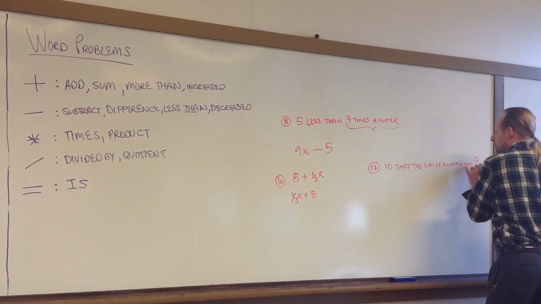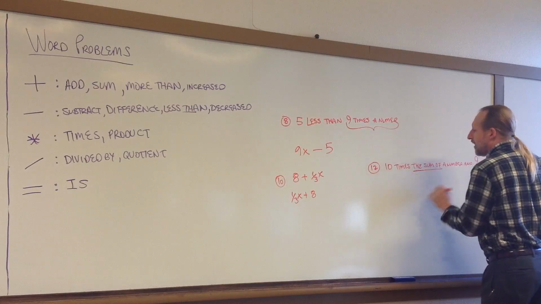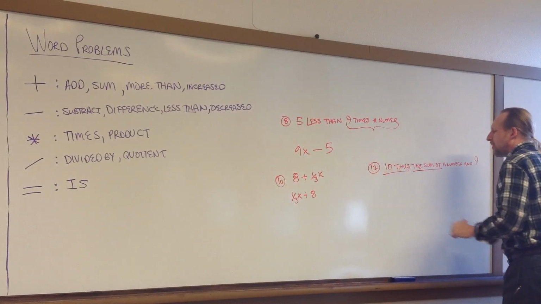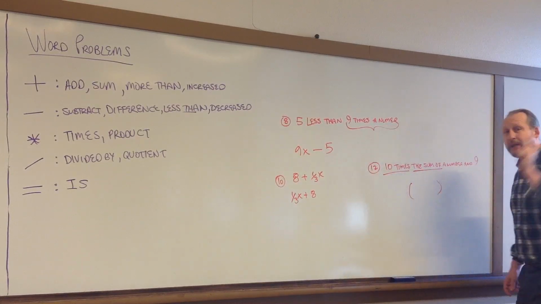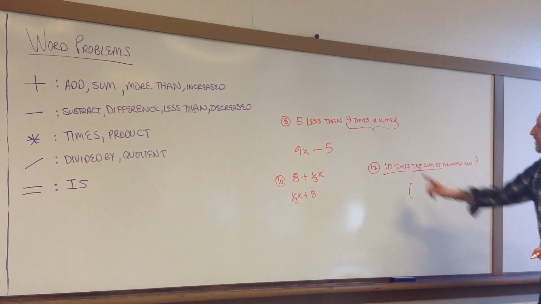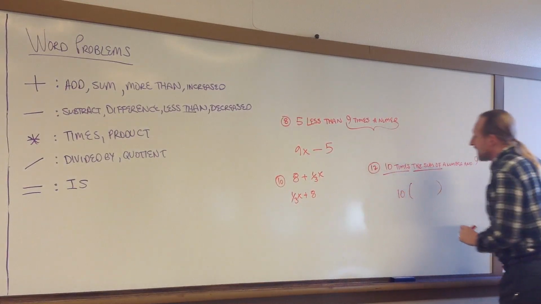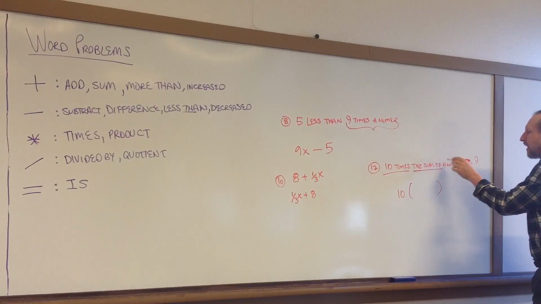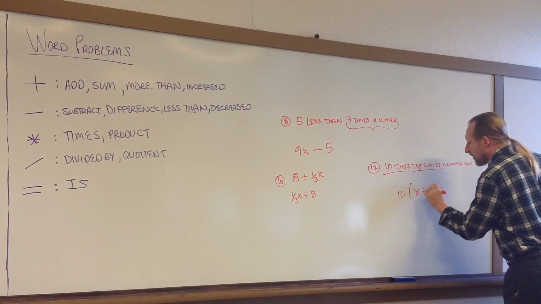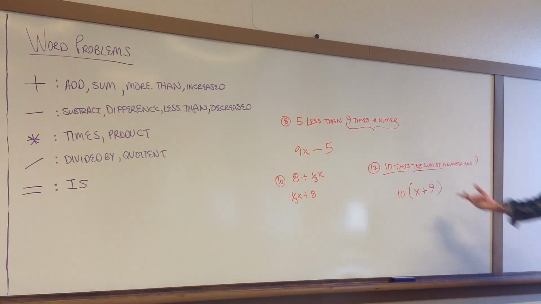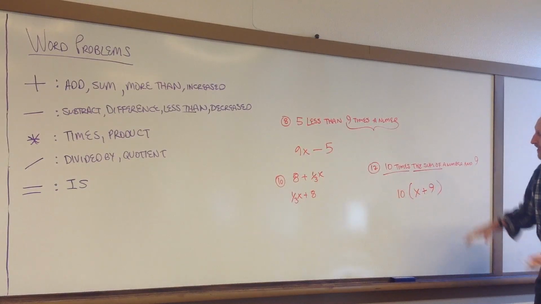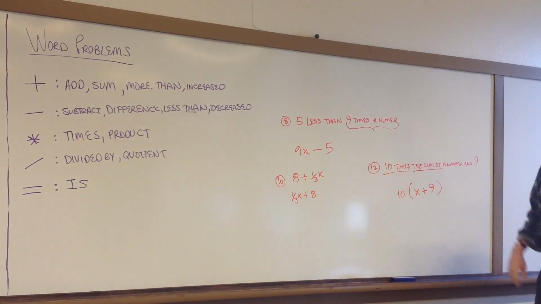When you see this language, the sum of, 10 times the sum of, you should think parentheses, all right? Because the 10 is going to get multiplied by the sum of a number plus 9, all right? So there it is, 10 times the sum of a number and 9.